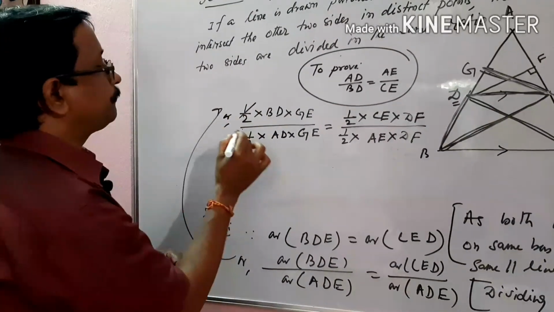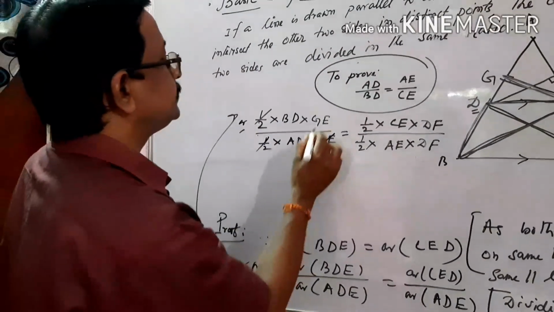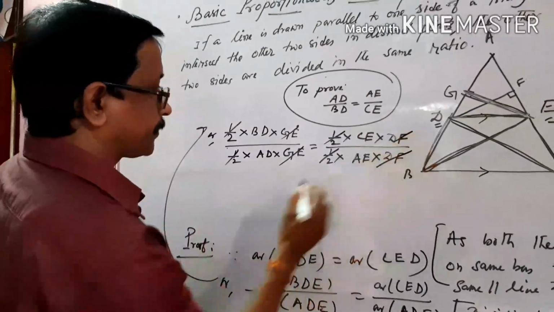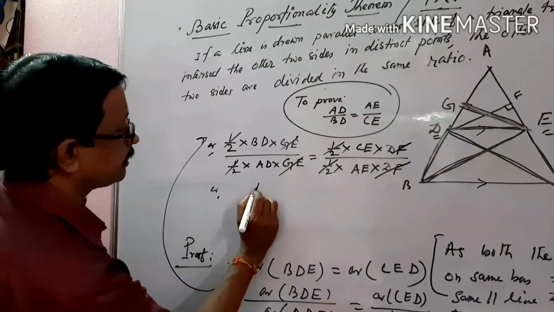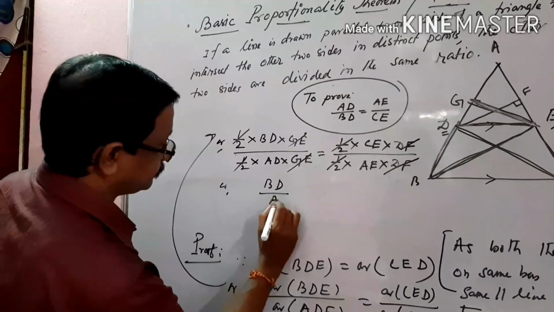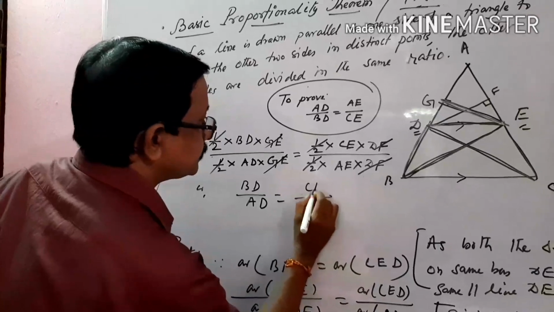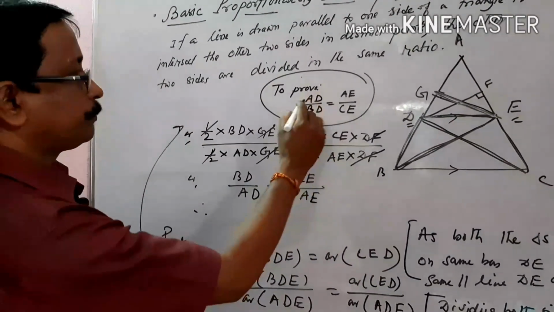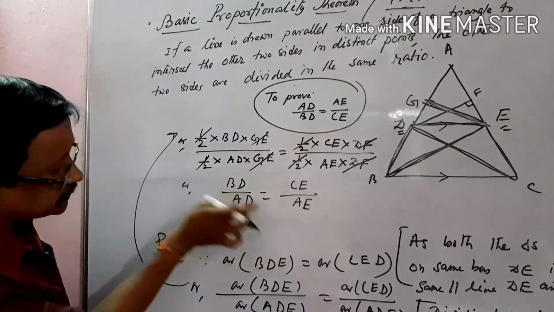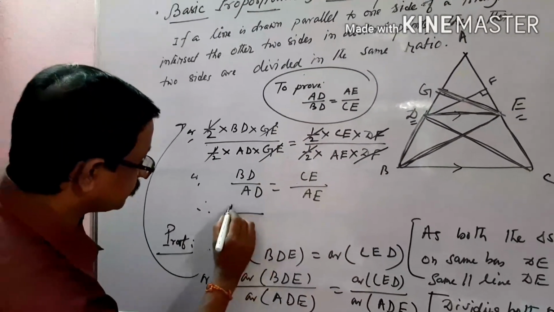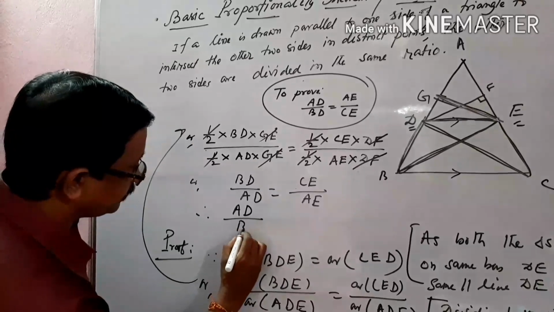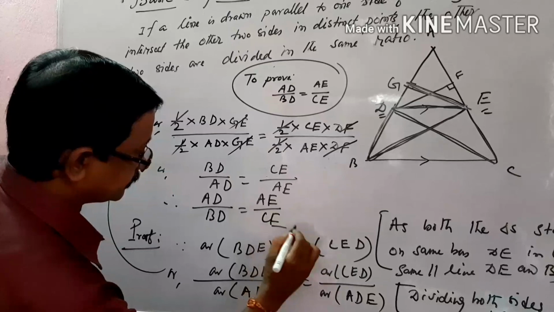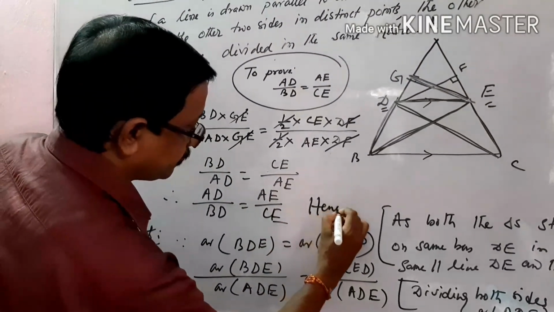Okay. Half and half cancel and GE cancels. And half cancels and DF cancels. So what can we write? We can write BD by AD equals EC by AE. So therefore, what do we have to prove? AD by BD. So if we reverse this on both sides, we are getting AD by BD equals AE by EC. So hence it is proved.